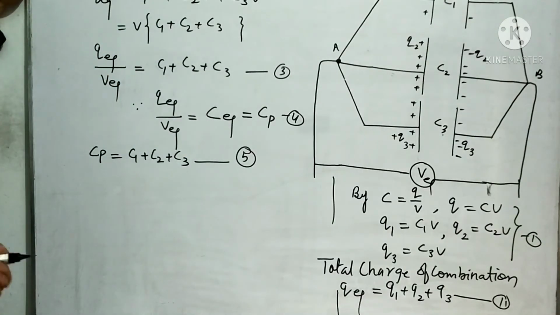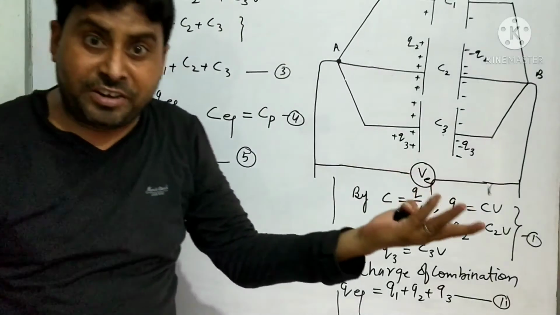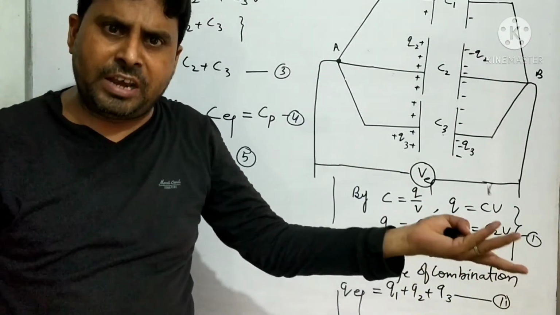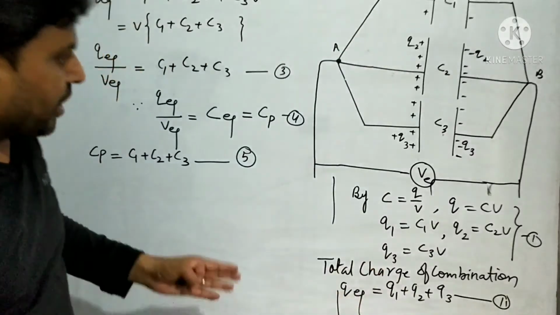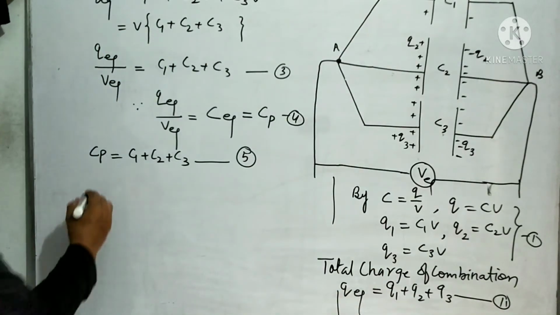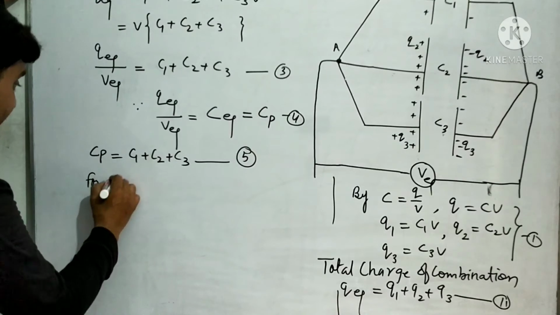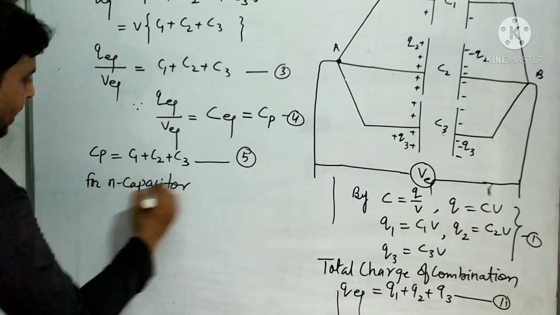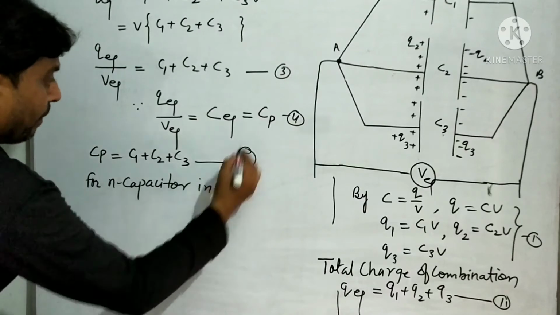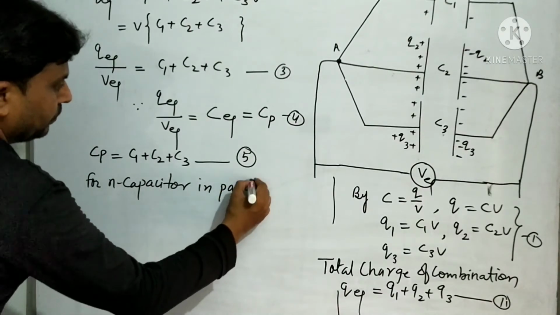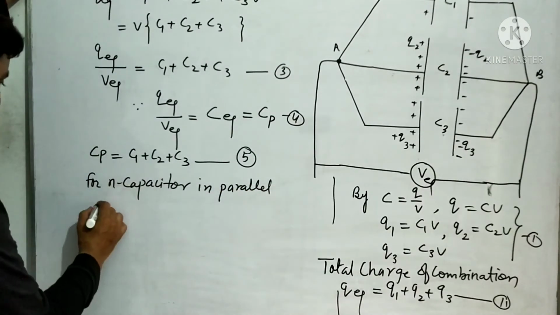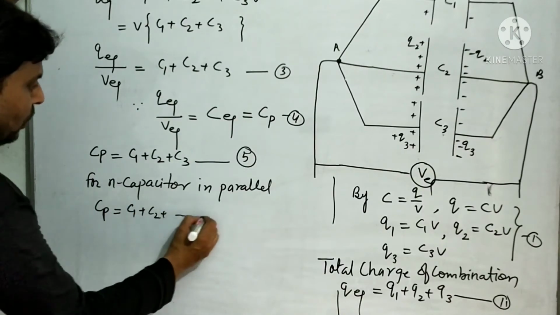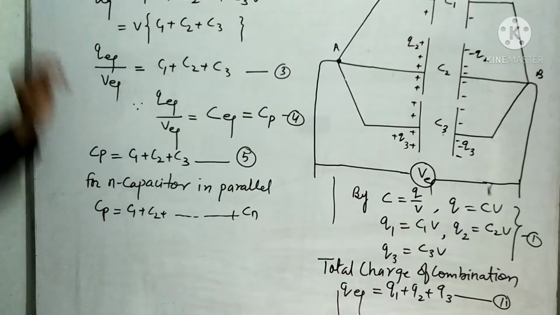But if there are many capacitors connected in parallel, you can take 2, you can take 4, you can take any number. So I am considering n capacitors in parallel, such that Cp equals C1 plus C2 plus and so on up to Cn.